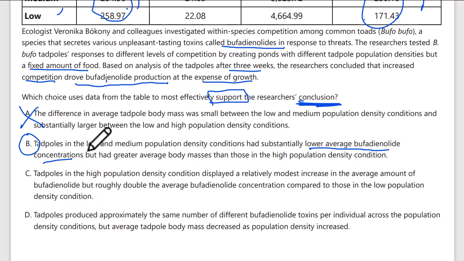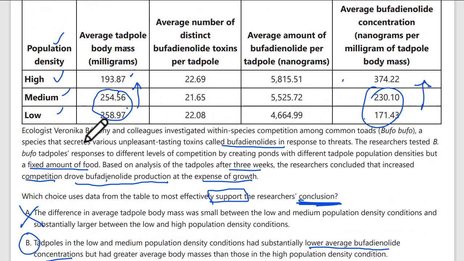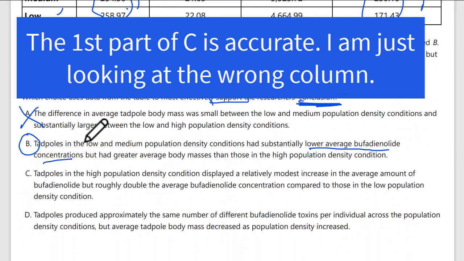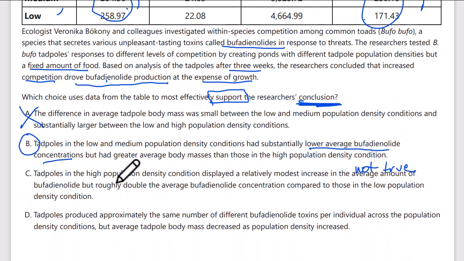Tadpoles in the high population density condition displayed a relatively modest increase in the average amount of bufadienolide. So in the high population, they had a slight increase in average toxin concentration. No, they had a big increase from 230 to 374, roughly double the average concentration.